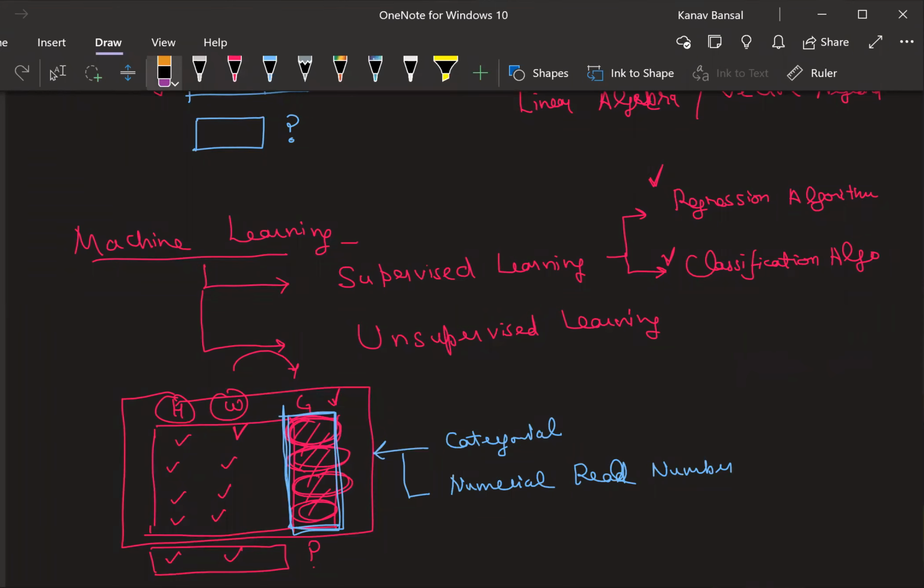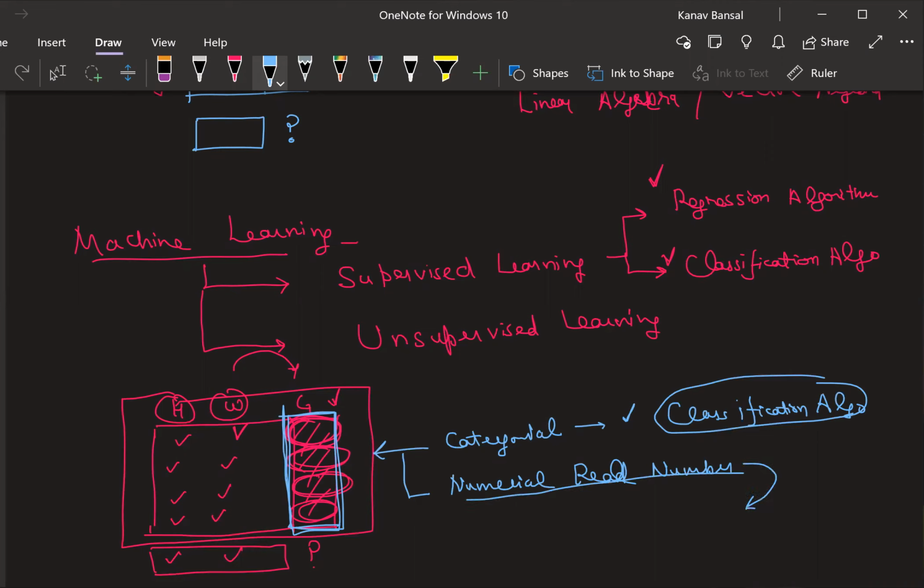So you have countable, finite categories here, and you will use a classification algorithm. In the case of a numerical, real valued column, you will use a regression algorithm. Is it making sense now?